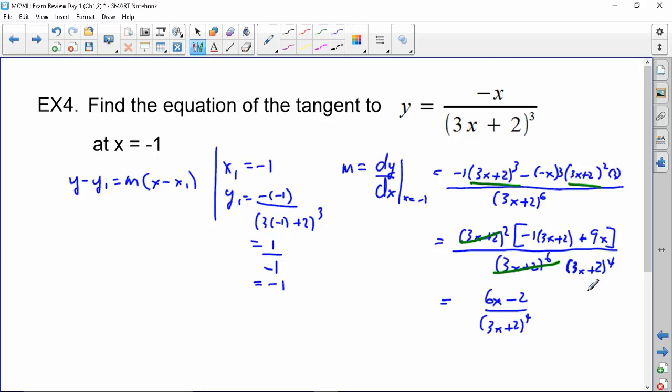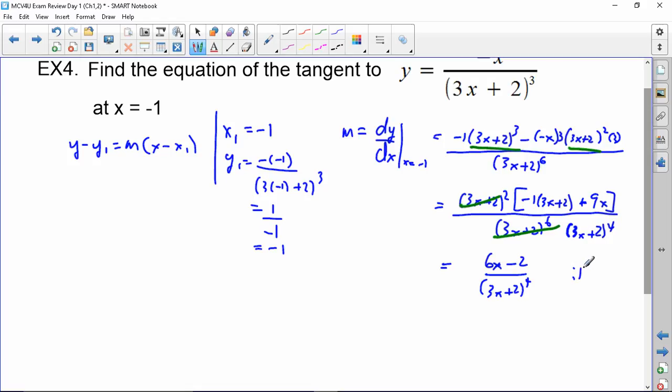And now if I evaluate at x is -1, what do I got? I got -8 over, and this is -1, we've calculated that already, to the exponent 4 is 1. So it looks like the slope is -8. The slope is -8, and then I can just substitute in.